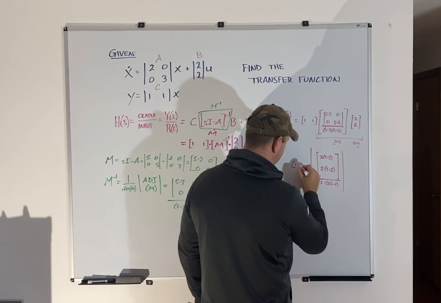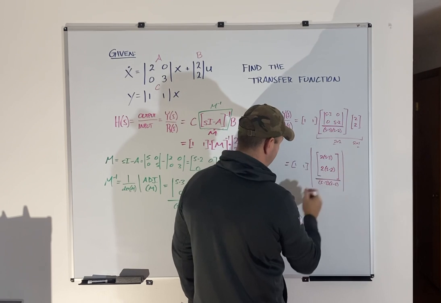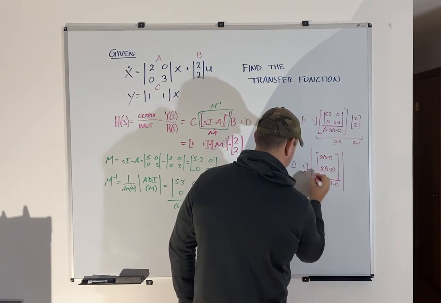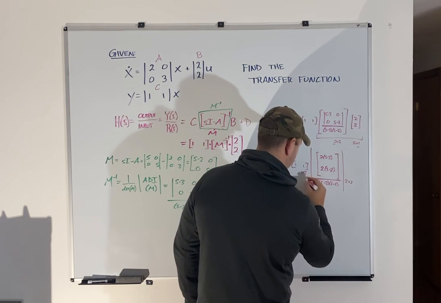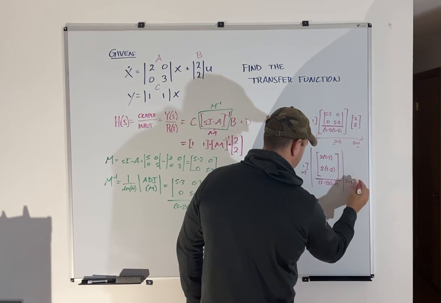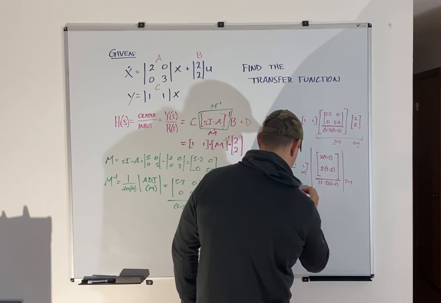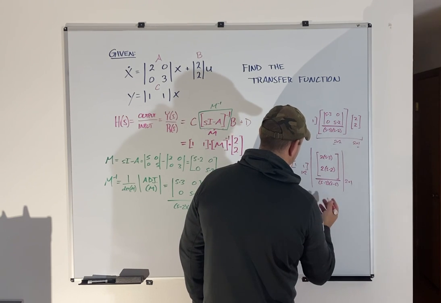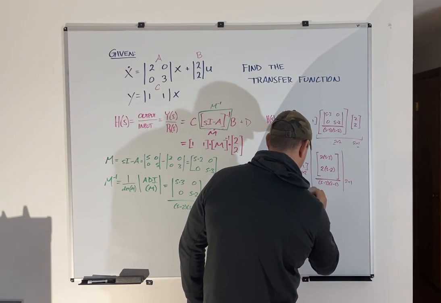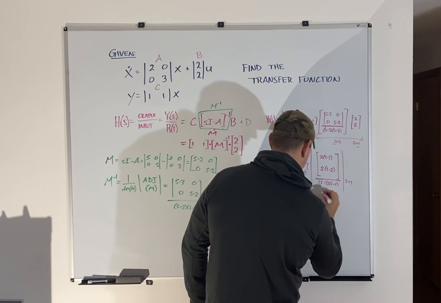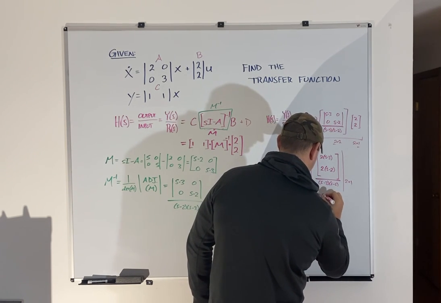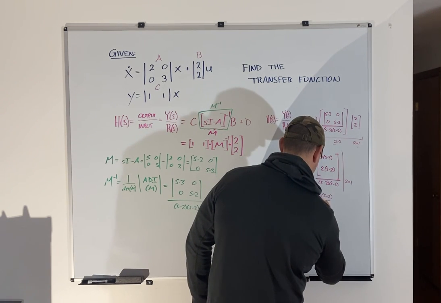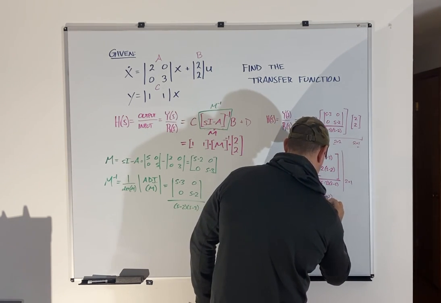And we're going to multiply that by our C, which was 1 and 1. So let's go ahead and do that out. We're going to have a 1 by 2 times a 2 by 1. It's going to leave us with a 1 by 1. 1 times 2(s minus 3) plus 1 times 2(s minus 2), divided by (s minus 3)(s minus 2).